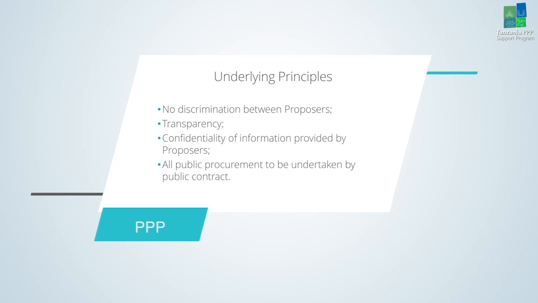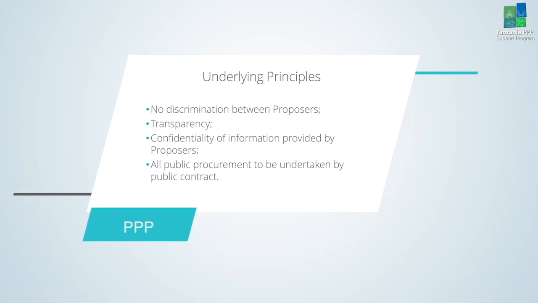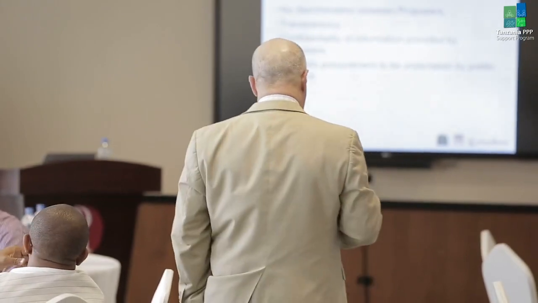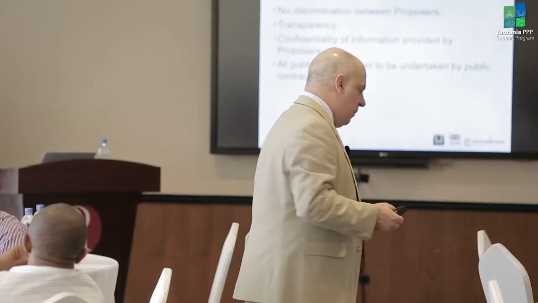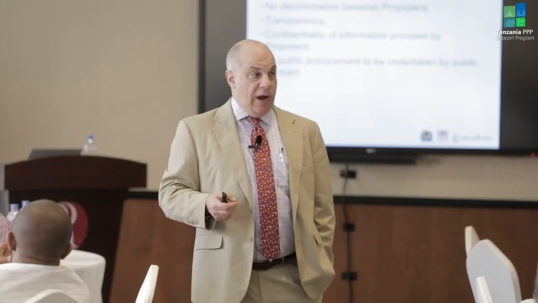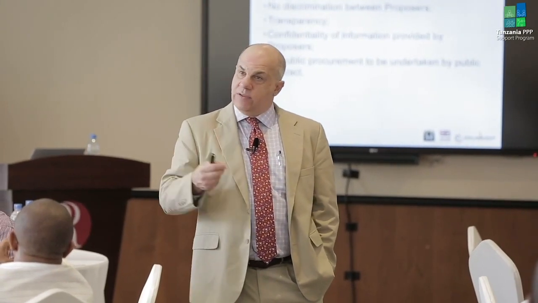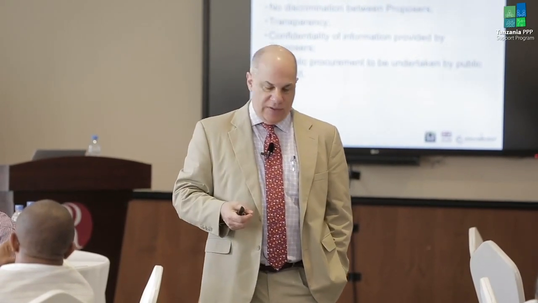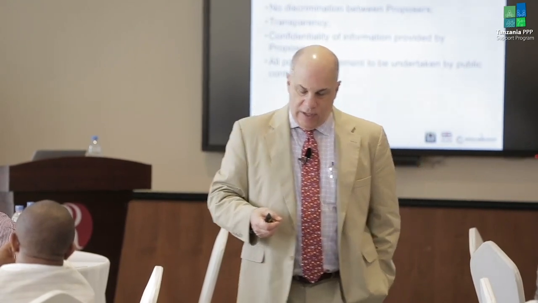This next one can sometimes be a little tricky. A lot of times, particularly in public-private partnerships, you may have a proposer that is providing something proprietary in nature, meaning it's kind of unique to them. It's what gives them a competitive advantage. They would like to have that information treated confidentially.